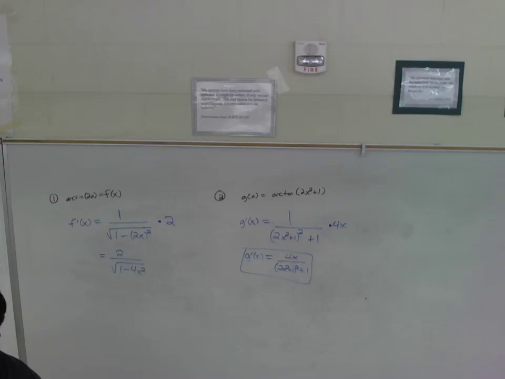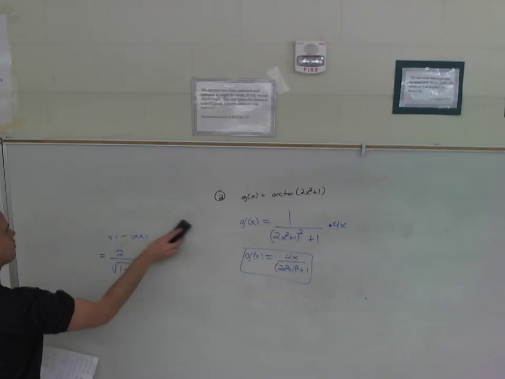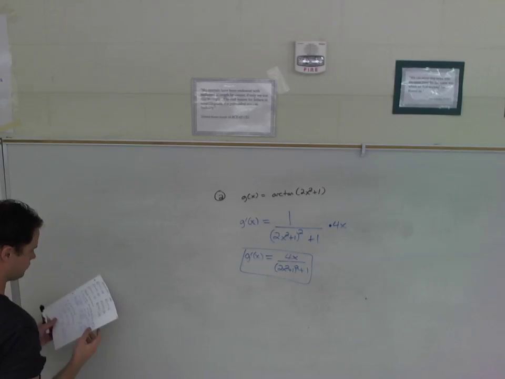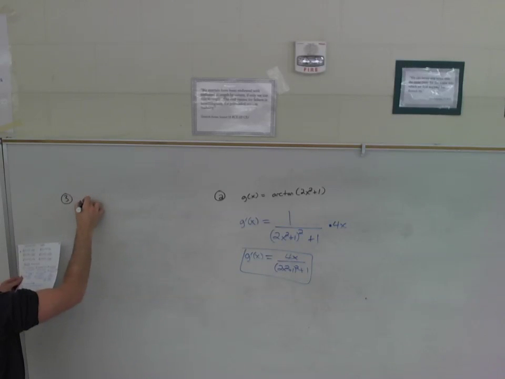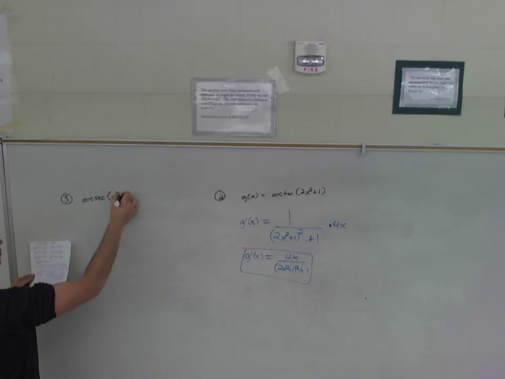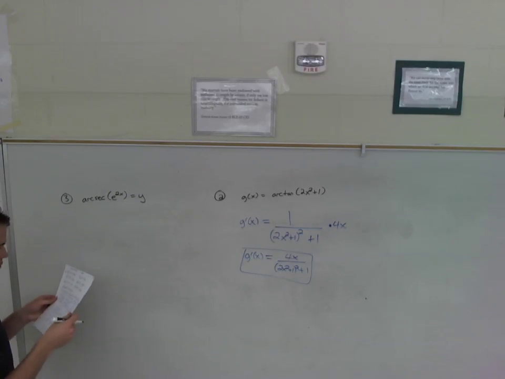Dos más. What do we need? The one that's for the derivative. Okay. Oh, I should put some implicit derivatives in here. Maybe I should add on to this a bit.